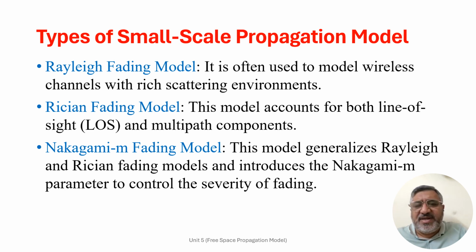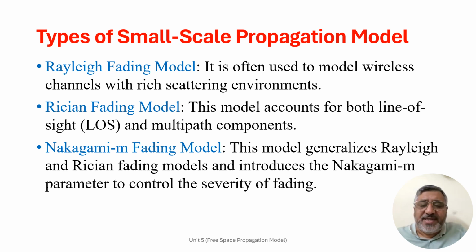Then the Rician fading model. This model accounts for both line-of-sight and multipath components. It assumes that the received signal consists of a dominant line-of-sight component and a number of scattering multipath components with random amplitude. Next, the Nakagami-m fading model.